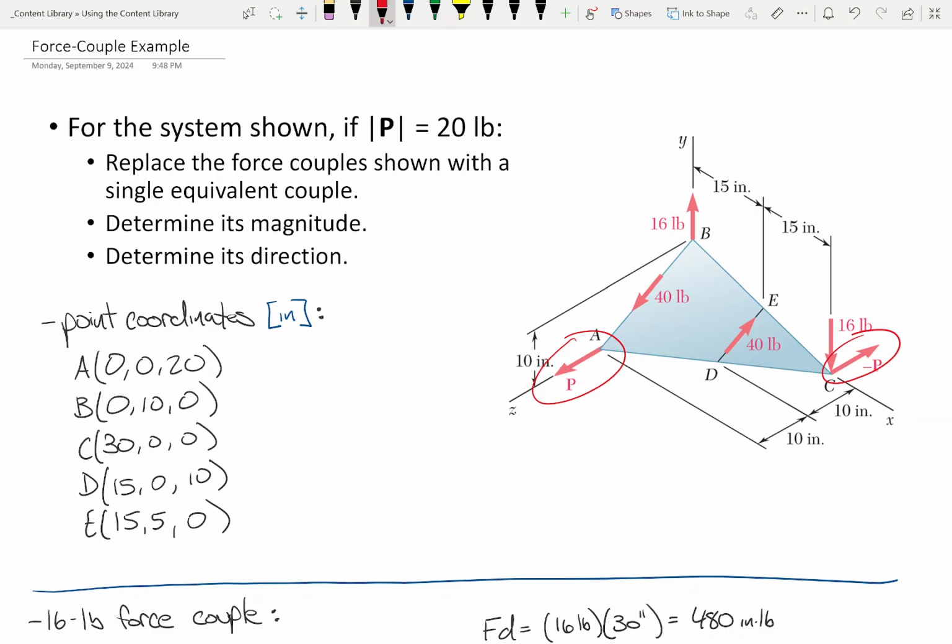About which axis will this force couple cause rotation? The y-axis, right? Imagine, again, so the best way of thinking about this is imagine your hands are the P vectors on a steering wheel. Which axis is pointing towards you? The y-axis, right? Does everybody see that?